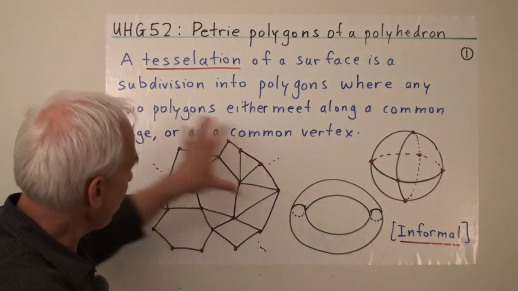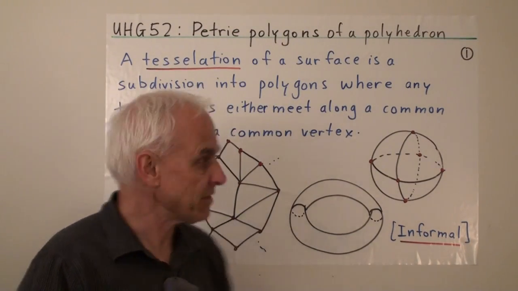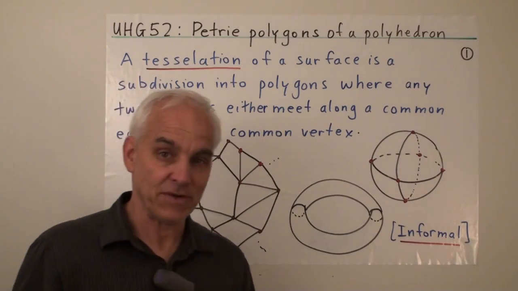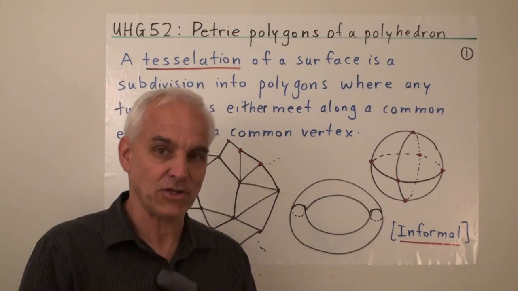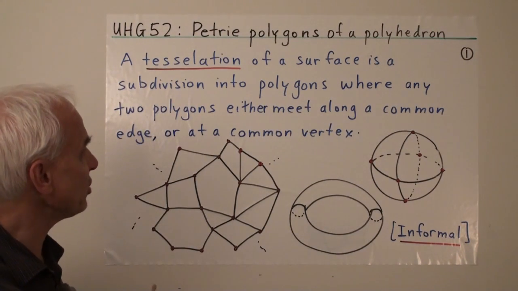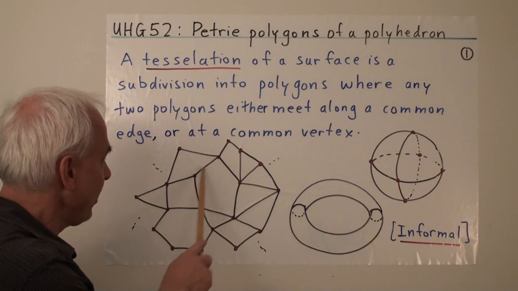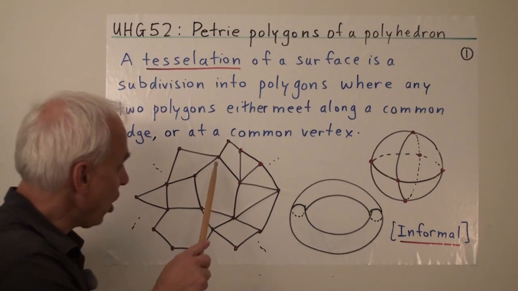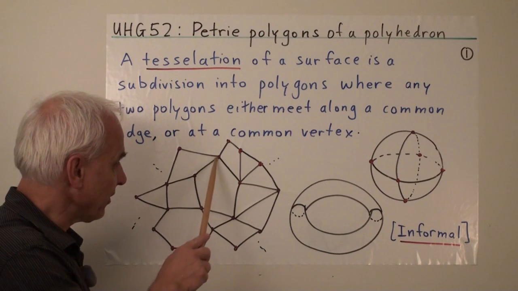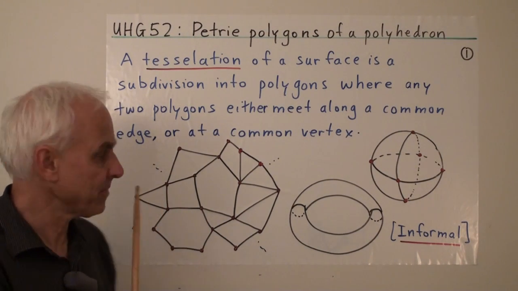Okay, so before we do that, let's just talk in a little bit more of a general fashion about tessellations. So a tessellation of a surface refers to a subdivision of that surface into polygons, but with a special condition that any two polygons meet either along a common edge, like this here, or at a common vertex.